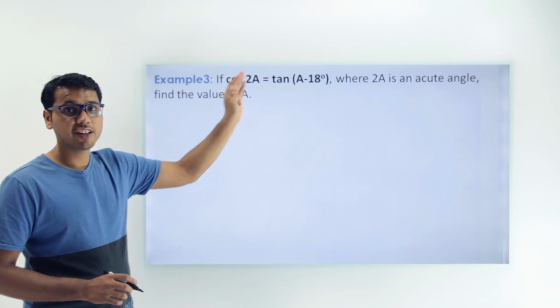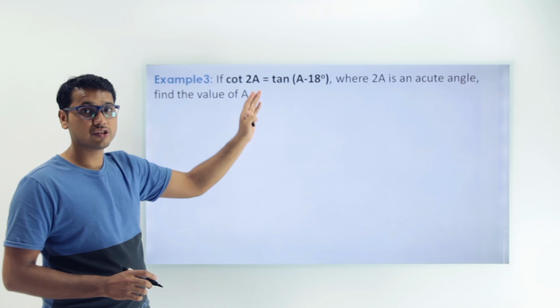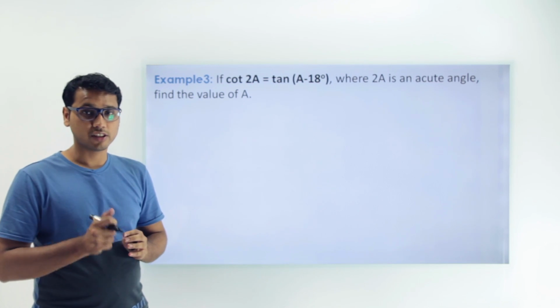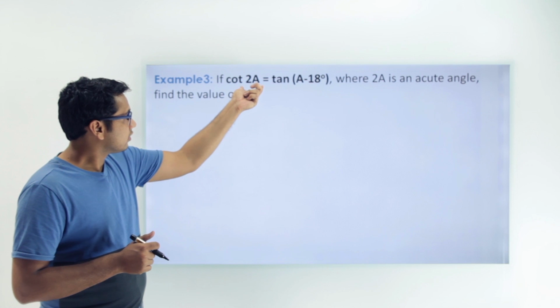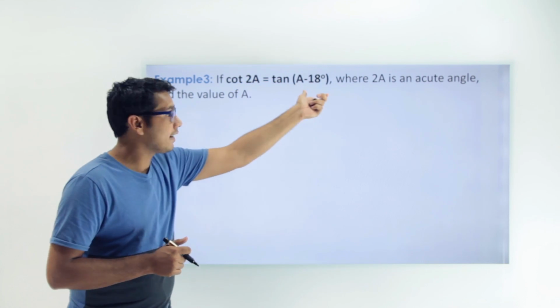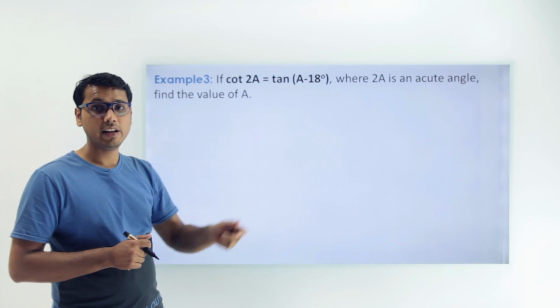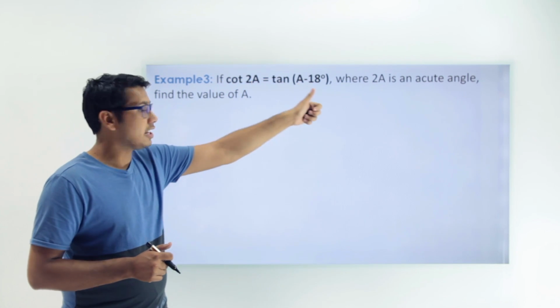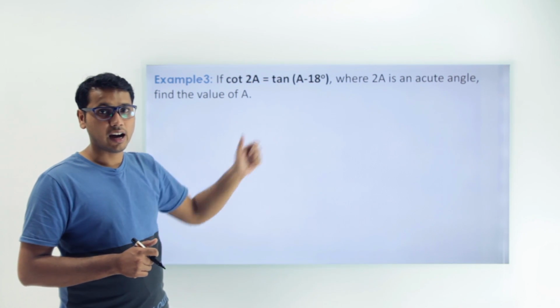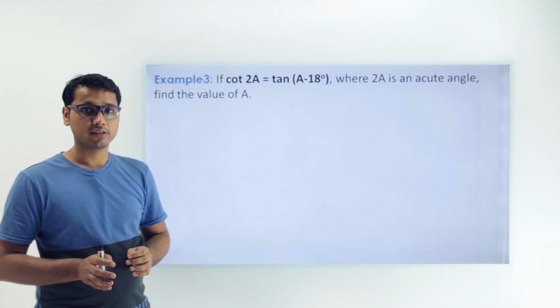Now if any trigonometric function is equal to its complementary trigonometric function, that means their angle sum must be 90 degrees, or we can say that their corresponding angles are complementary angles.